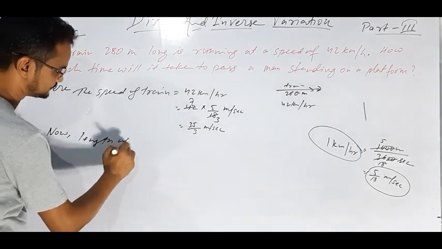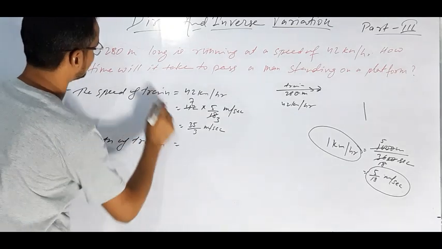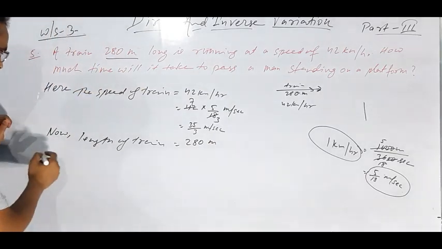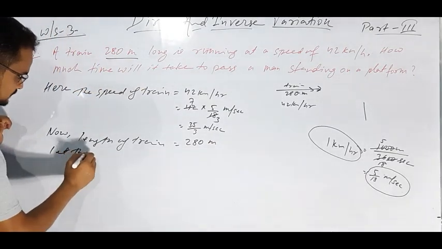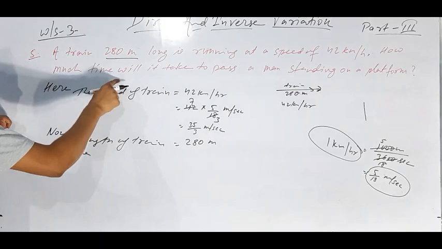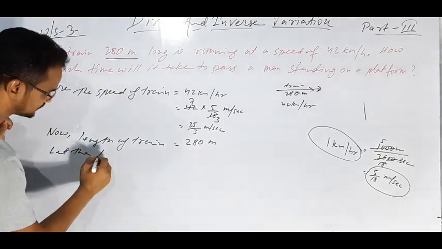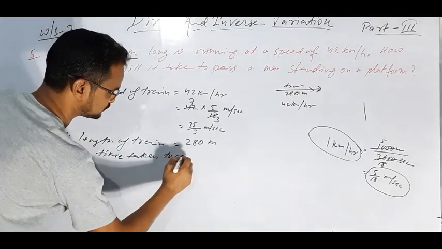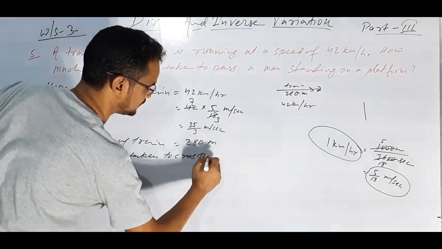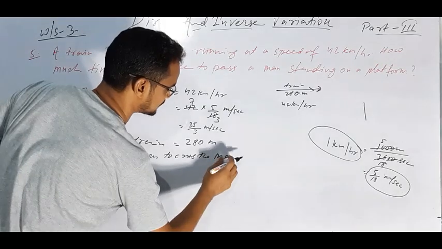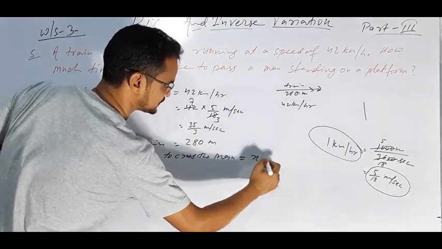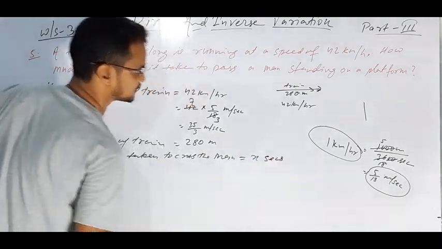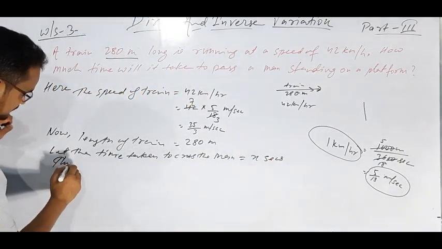Now the length of the train is equal to 280 meters. Now we have to find the time taken. Let the time taken to cross the man be equal to x seconds. Thus we will form a table.